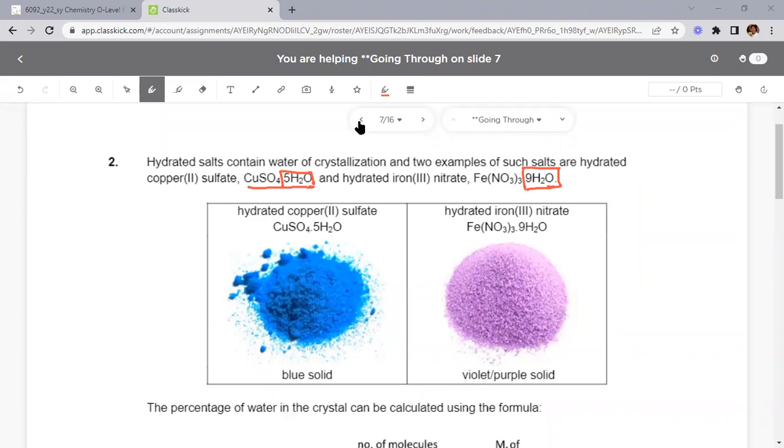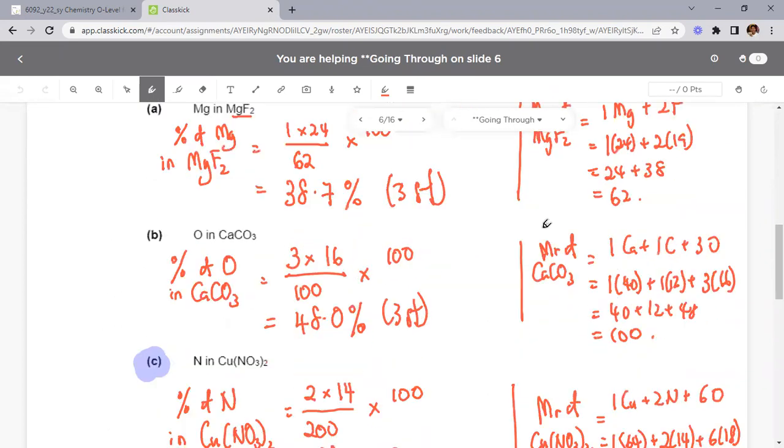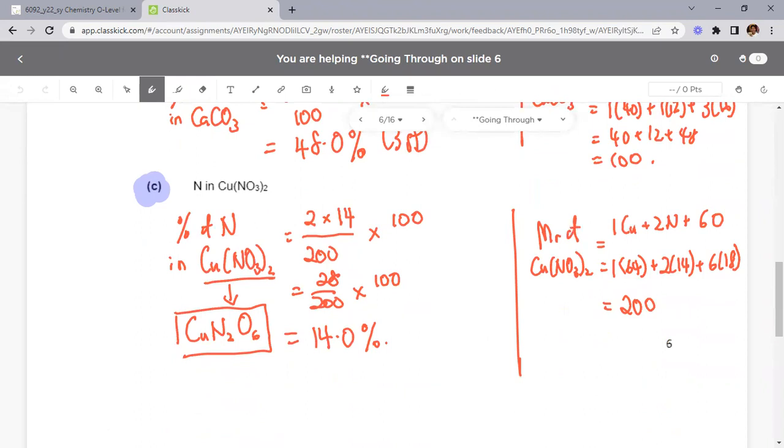Okay, I can see one of you told me that it's supposed to be 188. Sorry, my calculator didn't give me the correct value. So this is 188. Thanks for notifying. Then my answer down here will be different. So this is 28 divided by 188 times 100.